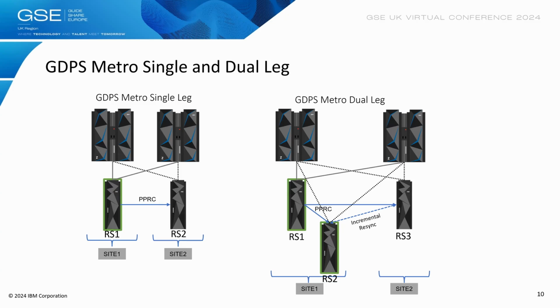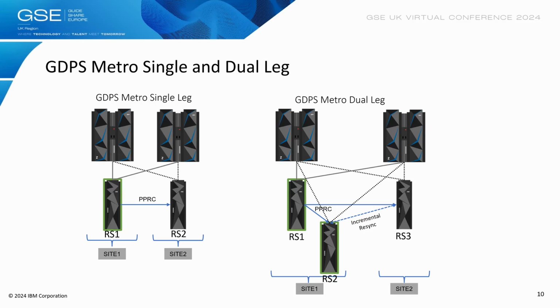After HyperSwap, and until the primary disk failure is resolved, HyperSwap remains enabled on the remaining leg in case of a new disk failure. So this is the extra protection offered by GDPS dual leg compared to single leg. If you have a failure on one disk, you still have HyperSwap protection on the remaining leg.